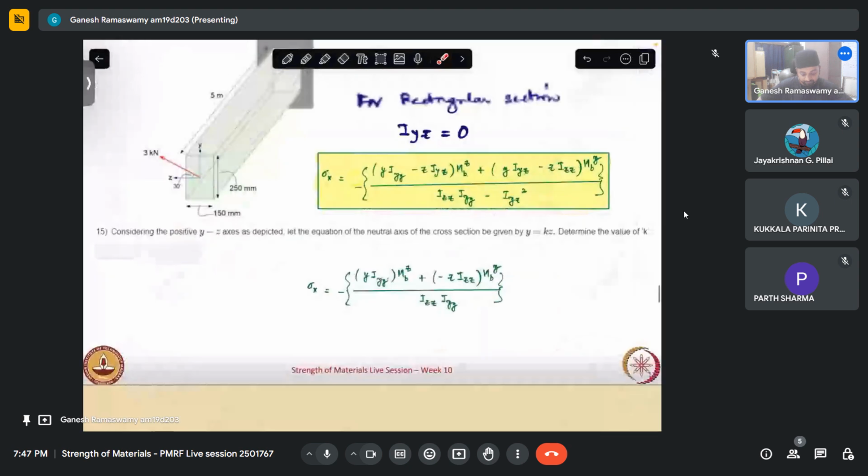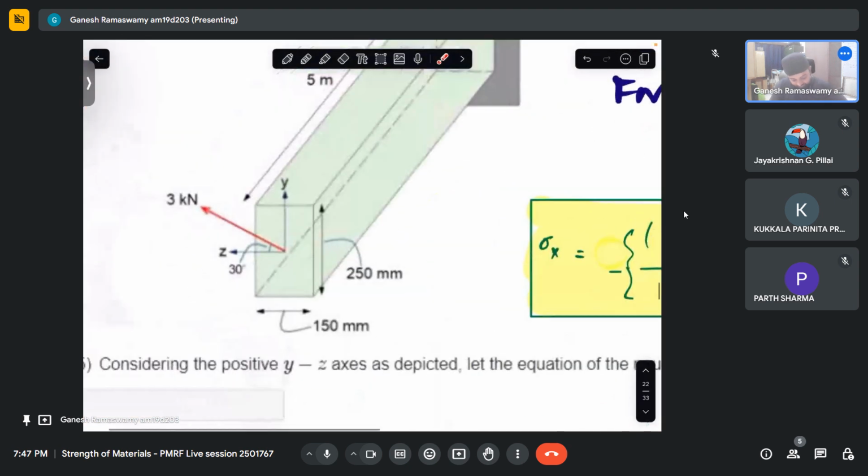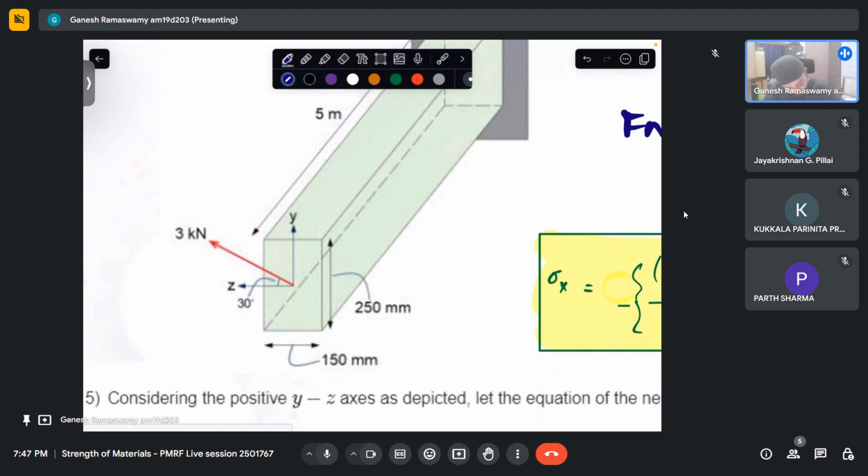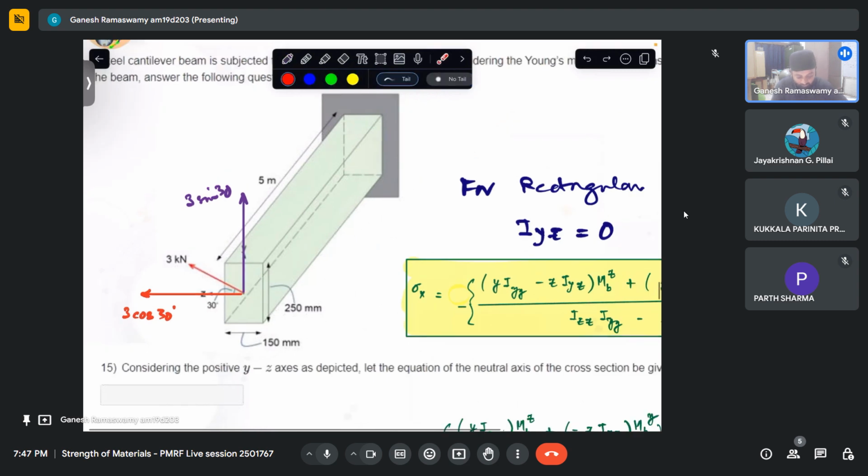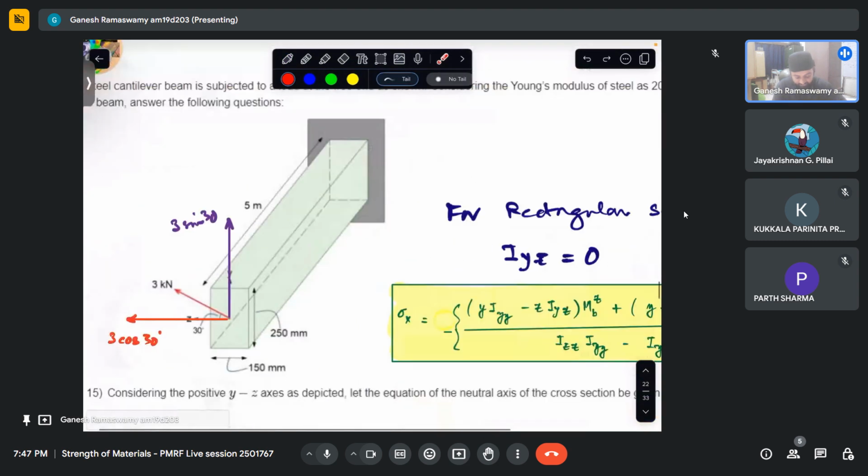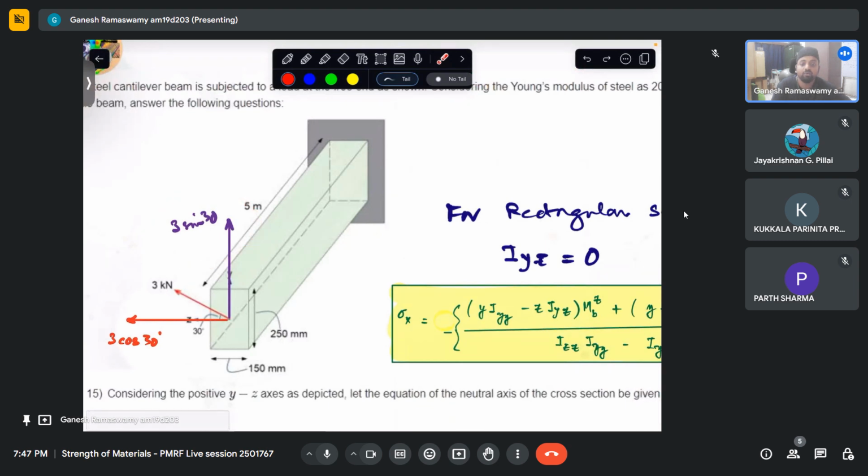From this question, we can see that this load can be resolved into two components. So this will be 3 cos 30 and the other component will be 3 sin 30. Now I hope you are able to see that 3 sin 30 is the load that will actually bring about bending moment, that will actually bring about MBZ, about z.